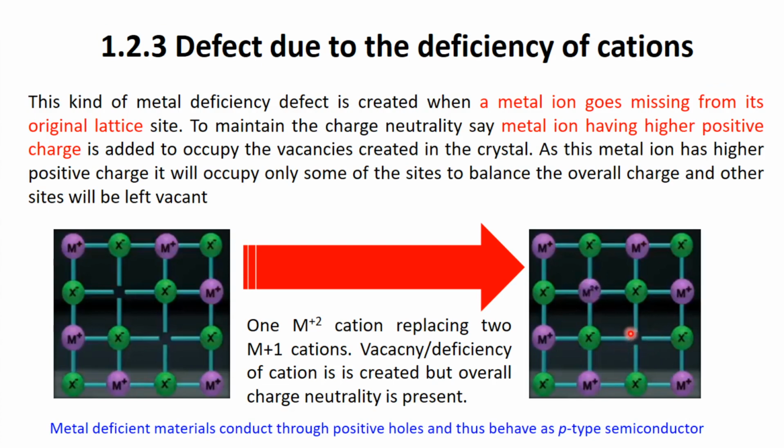So we have deficiency and thus behave as p-type semiconductor. Please remember that the two M plus 1 cations are replaced by only one M plus 2 cation, so the charge neutrality is maintained.